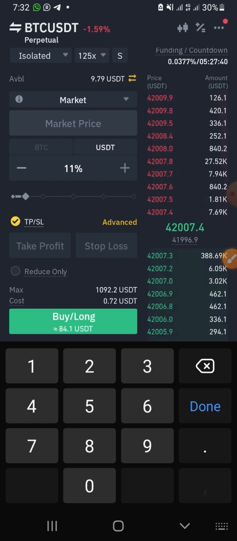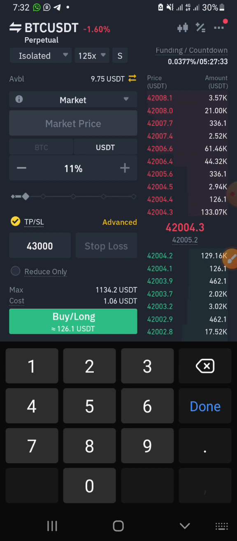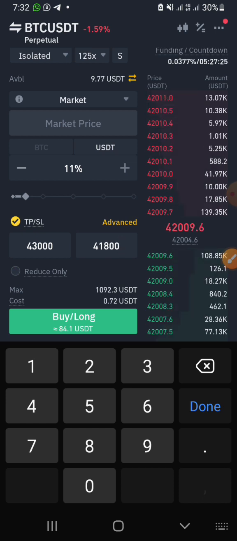Okay, so I click on my take profit as $43,000, while my stop loss is $41,800. Please note that this is just for tutorial purposes, for you to understand what I'm trying to say.